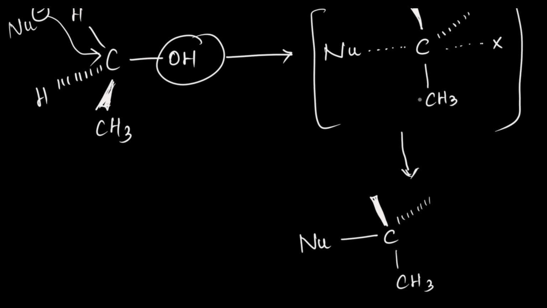Due to the attack from the opposite side, it always goes with inversion in configuration. Inversion in configuration means if the reactant is S configuration, the product will be R. Okay, so here the Walden inversion takes place.